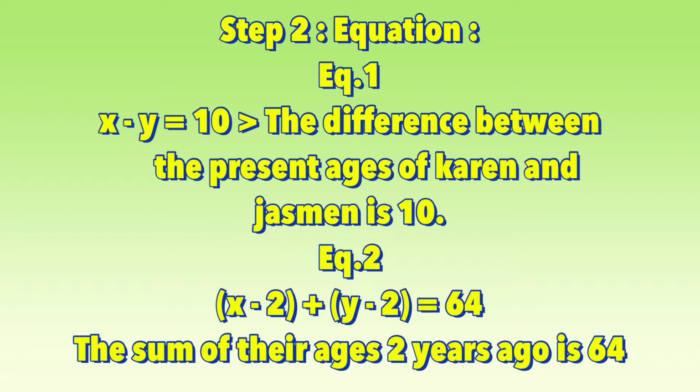And our second equation, from the statement: the sum of their ages 2 years ago is 64. So we have to write first, when we say ago, we have to subtract. So x minus 2 plus y minus 2 equals 64. Then we're going to simplify.